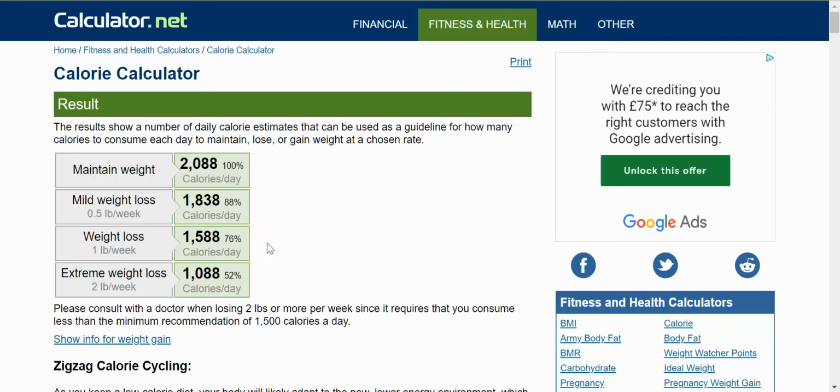Now, just before I go, there's one last point that I want to make. There's a magic figure of 1,200 calories that in theory we shouldn't be going under. Now, this really has to be a personal thing. Obviously, we don't want to be super restrictive. The more you restrict your calories, the less chance you have of hitting lots and lots of the nutrient targets that we need to meet on a day-to-day basis.